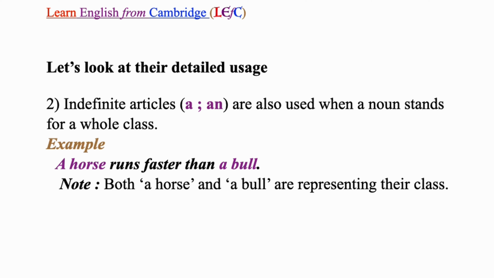Indefinite articles are also used when a noun stands for the whole class. That's what we call generic use of a noun. For example, a horse runs faster than a cow. Both a horse and a cow are representing their class.